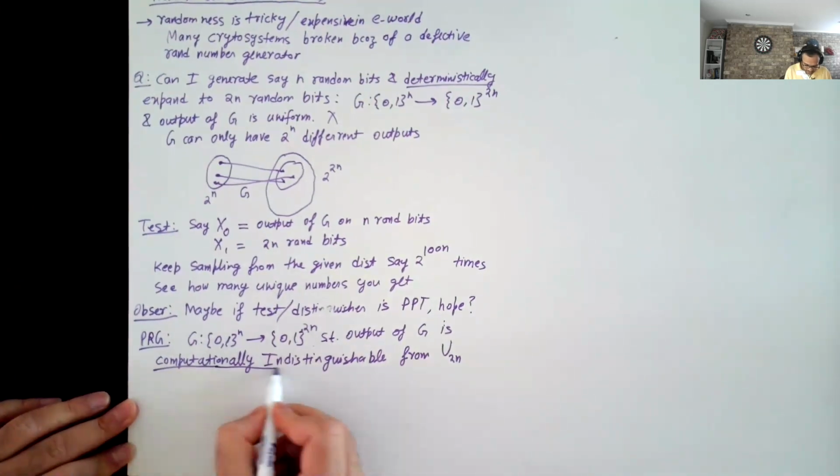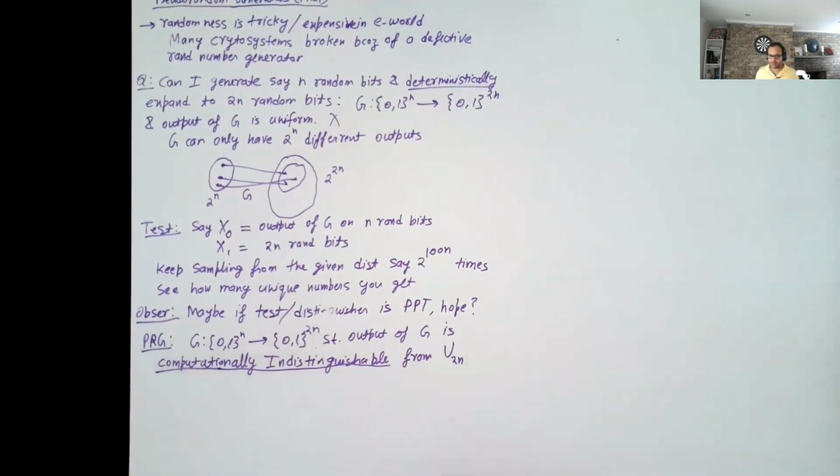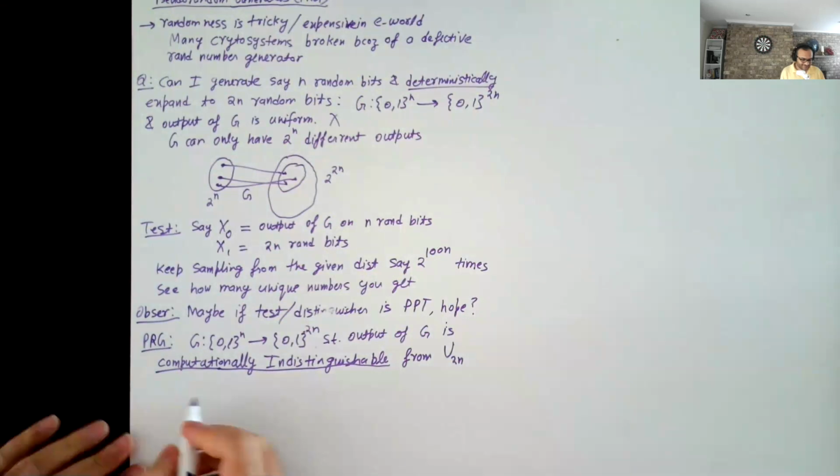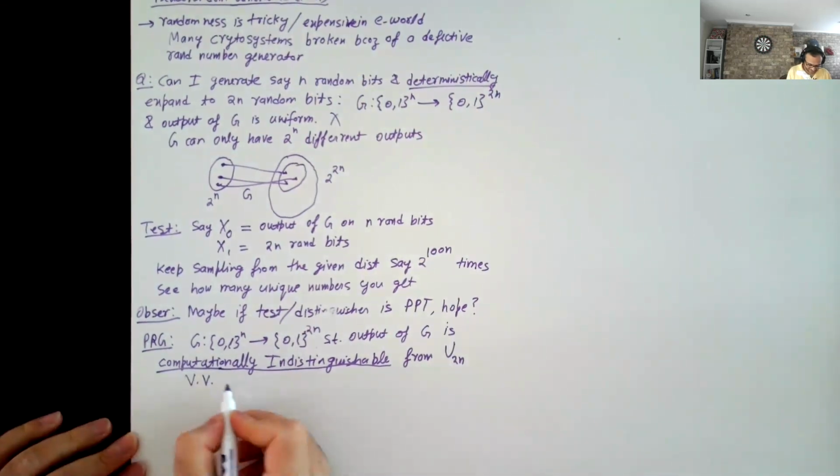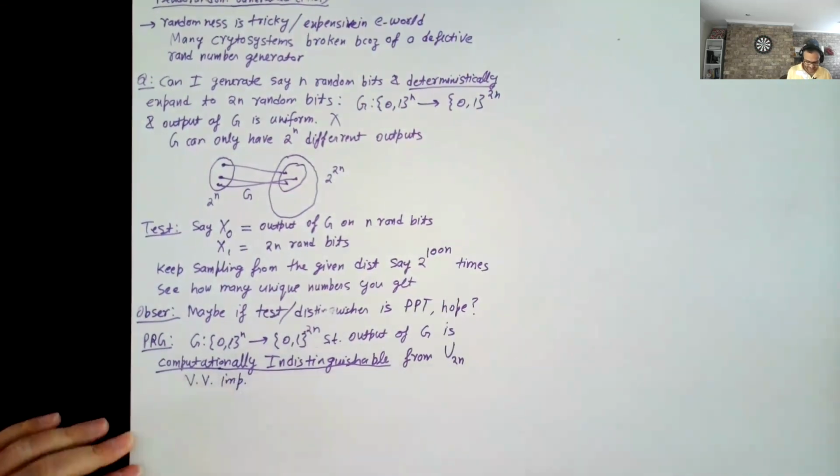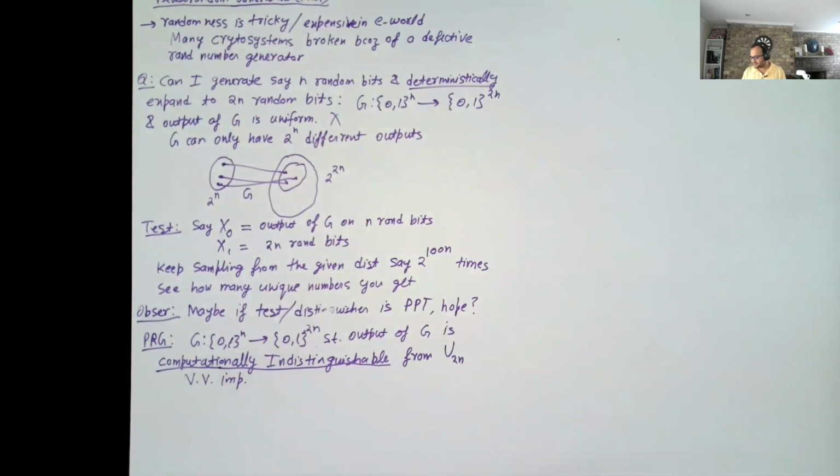And this notion of computational indistinguishability is very important. It's probably the single most important definition, not only in this lecture, but maybe the first quarter of the course. It's a very, very important definition.